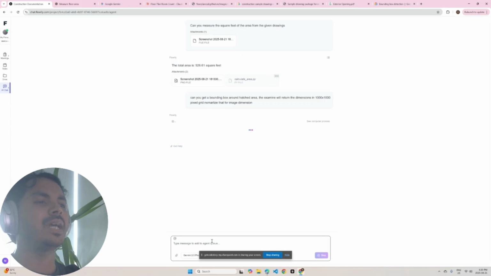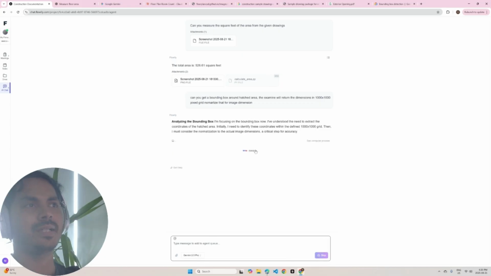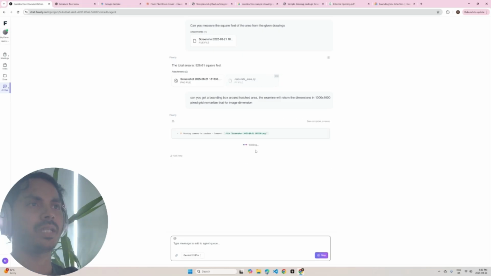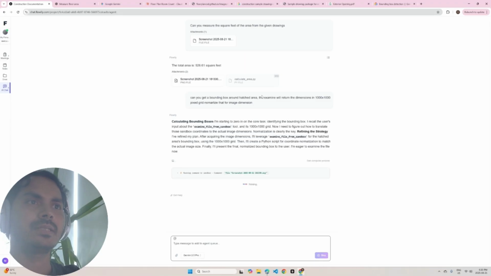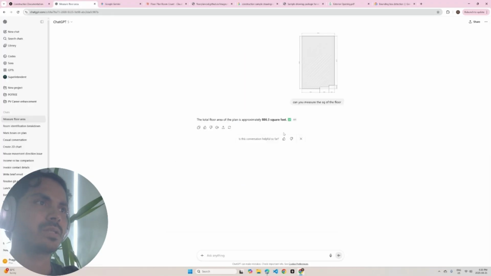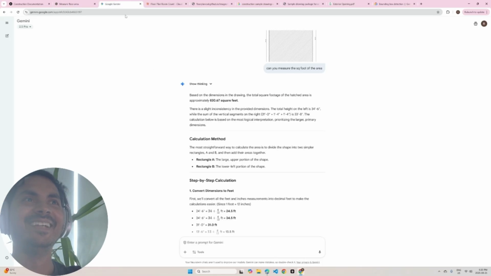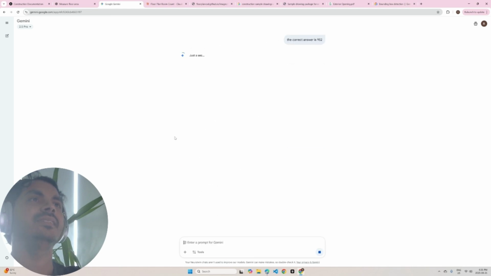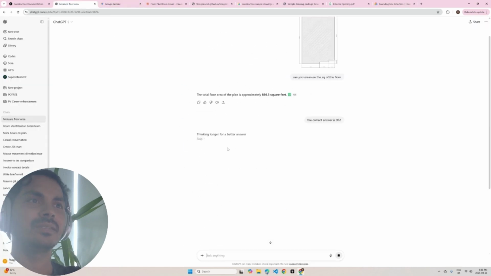Because I'm using Gemini here, and whenever you ask Gemini to understand drawings, it always understands the drawing in 1000 by 1000 pixels. So I'm just making sure that it understands that part. Let's see if it can get the bounding boxes. The correct answer is 952. So let's see what these do.